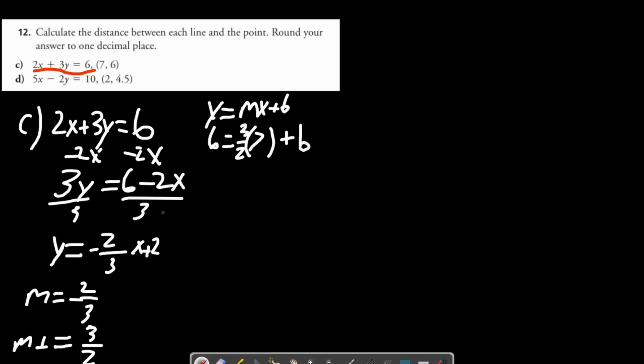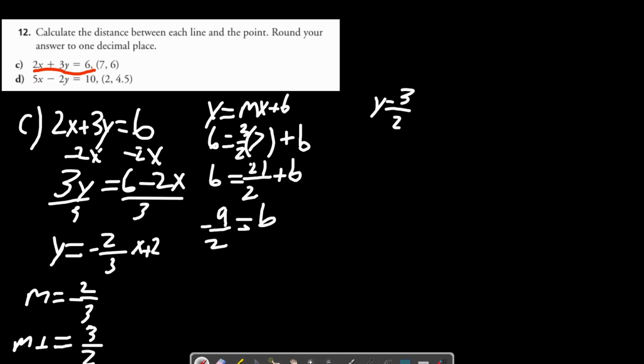So we have 6 equal to 21/2 plus b. Okay, so 6 minus 21/2 is equal to negative 9/2. That is equal to b.